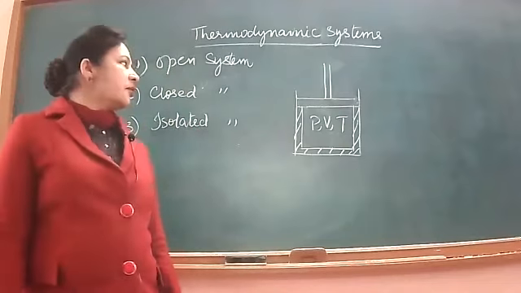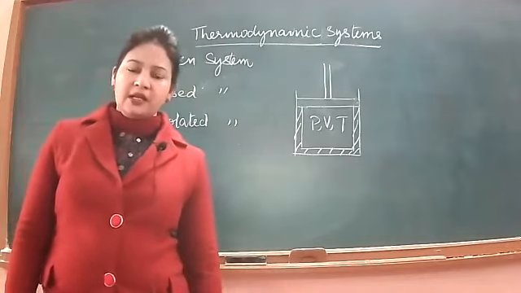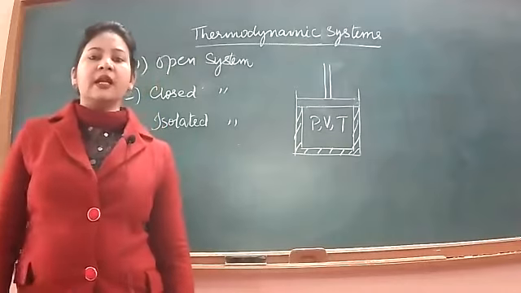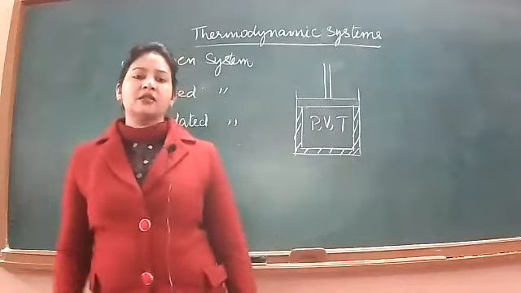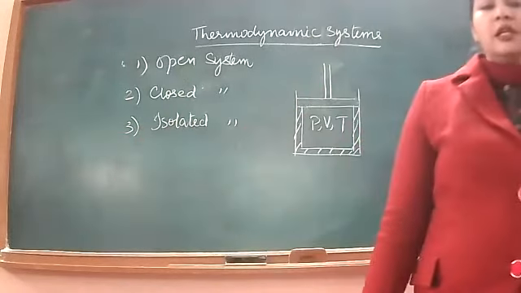Okay, so when we have some insulating container, it cannot exchange energy as well as matter with the surroundings. This type of system that cannot exchange energy as well as matter with the surroundings is called an isolated system. So write down isolated system.